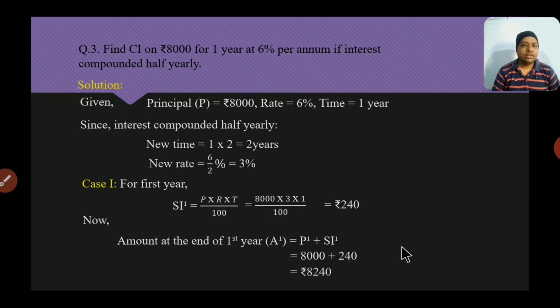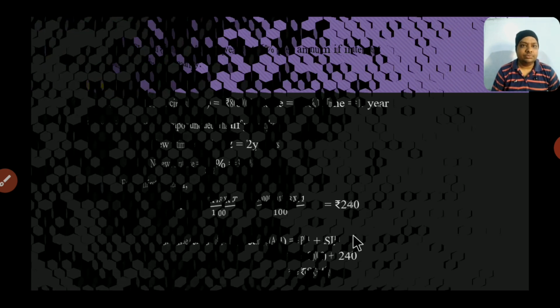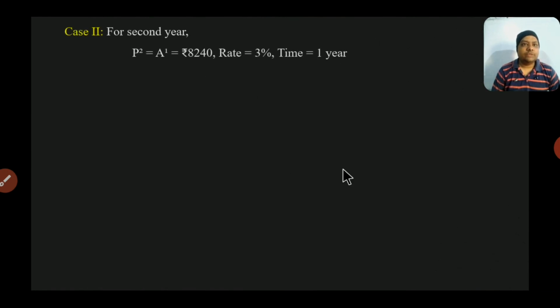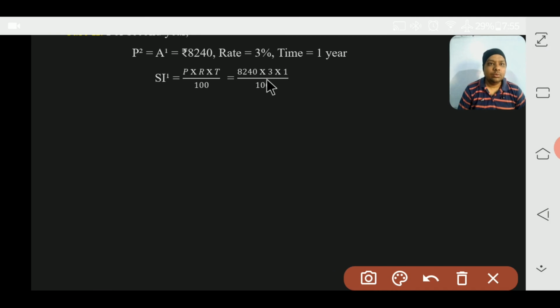Now this is the principal for the second year. So let's find another simple interest, P into R into T by 100. 10 and 10 will cancel. Now multiply it, 824 into 3, 72 and 24. 2,472 by 10.